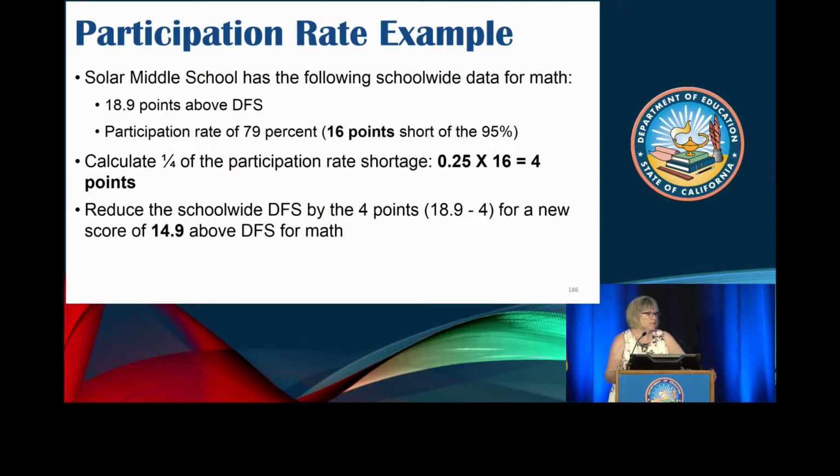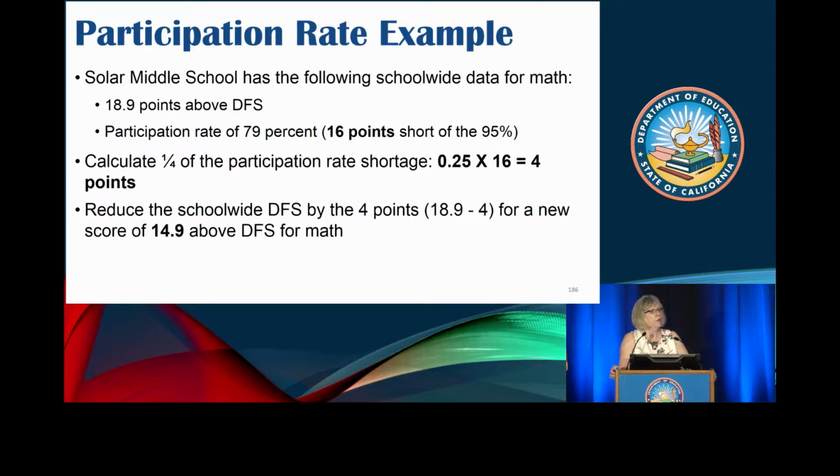So we take those 16 points and multiply by 0.25, and we determine that's 4 points. Then we deduct those 4 points from the original distance from standard score. So 18.9 minus 4 gives you a new score of 14.9 above distance from standard for math.